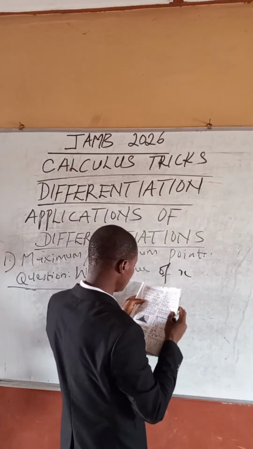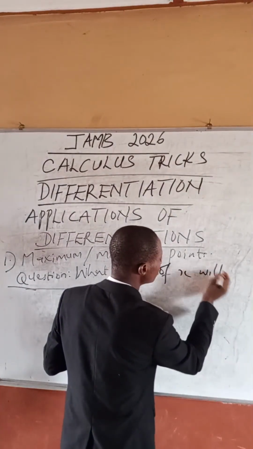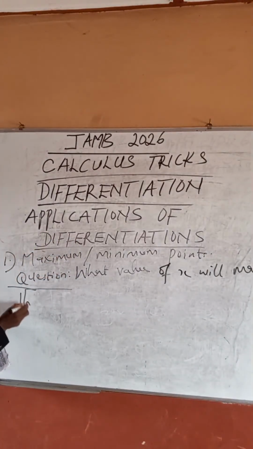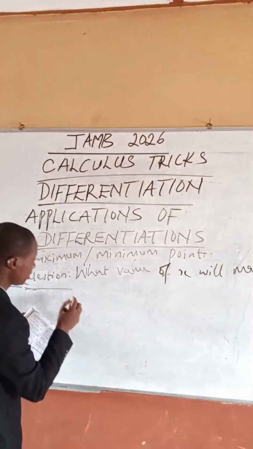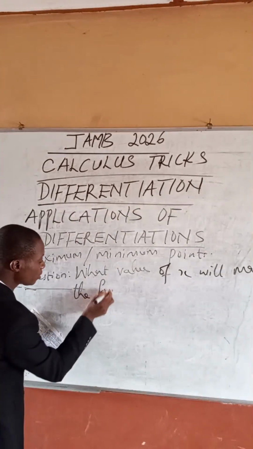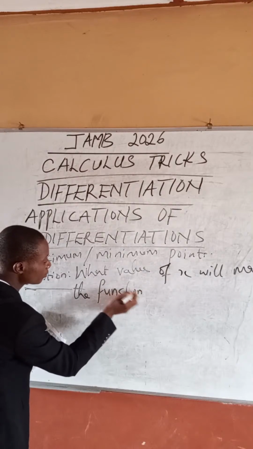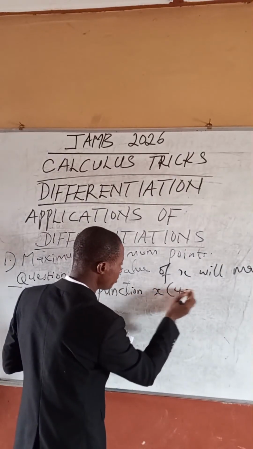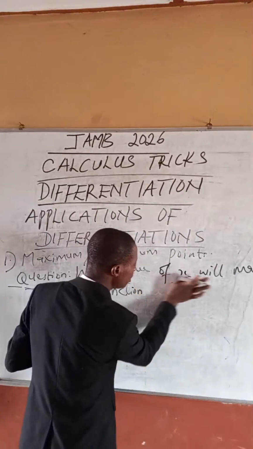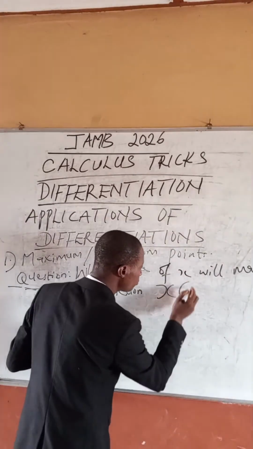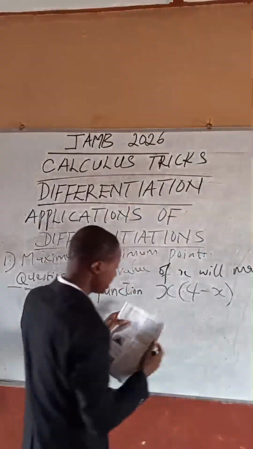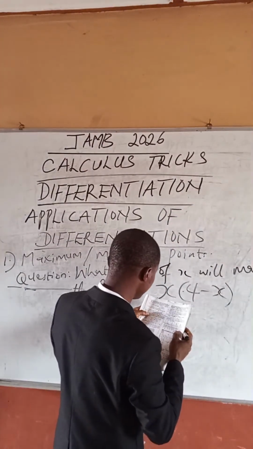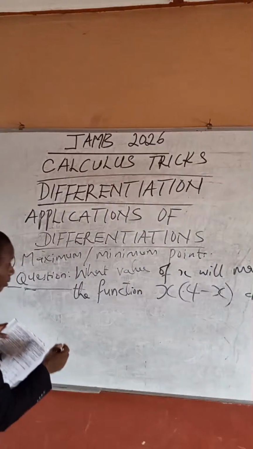What value of x will make the function, x open bracket 4 minus x, a maximum? I hope you are seeing this, since the marker is fading.